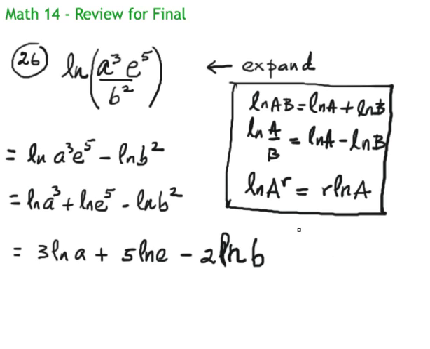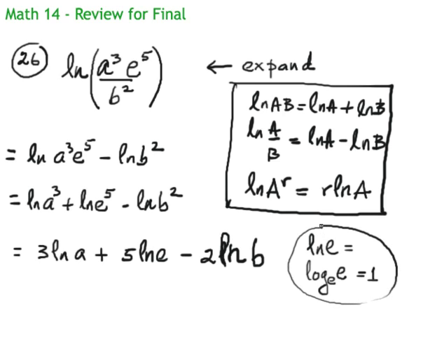Let me write this on the side. Ln e is the same thing as log base e of e. So we're asking, what exponent of e gives us e? Well, that's just 1. So ln e is equal to 1. Replace that with 1, and we have 3 ln a plus 5 minus 2 ln b.